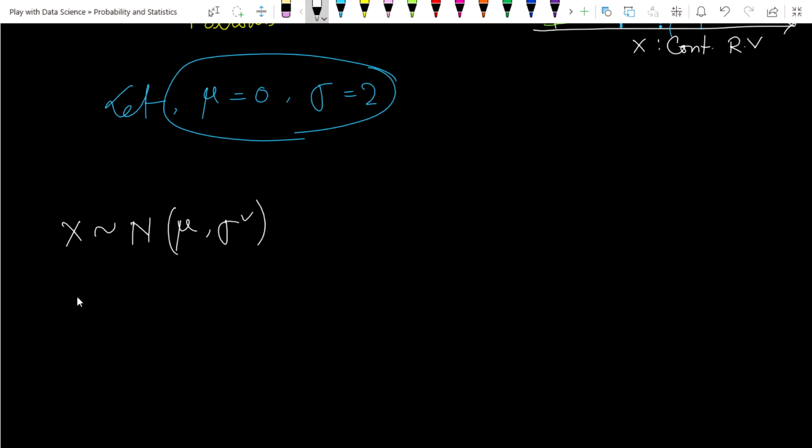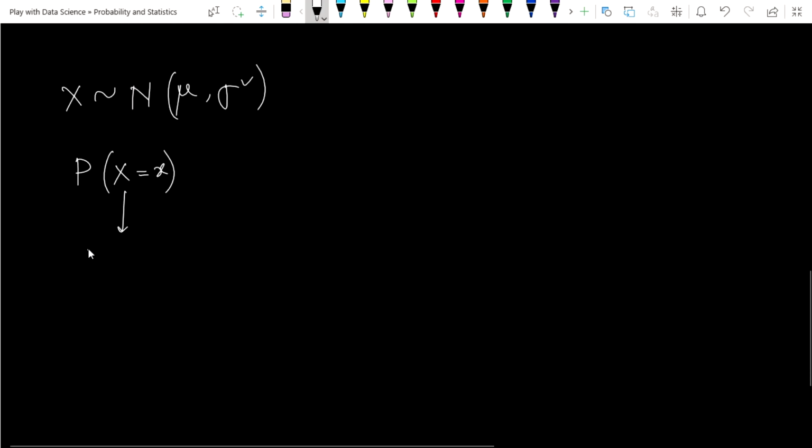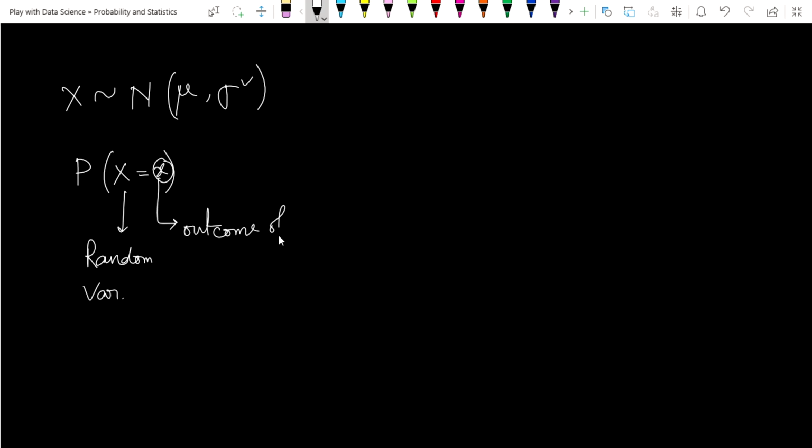Now the probability of the random variable X with an outcome small x, this means the random variable, and this means the outcome of the random variable X, equals the probability of small x.